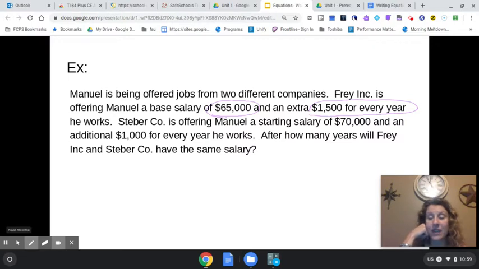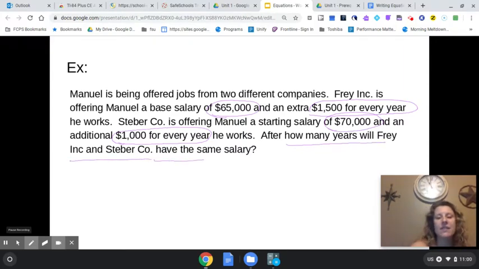Okay, if we look at Stieber Company, it's offering $70,000 for a starting salary and an additional $1,000 for every year. And the question says, how many years will Frey Incorporated and Stieber Company have the same salary?